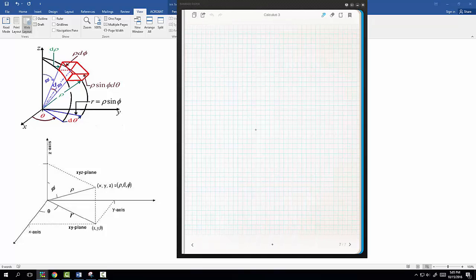Now, I want to do another one. What I've got is a triple integral over an enclosed region. Now, this one's going to be different. I think you'll like this. I've got a triple integral, only now I've got x squared plus y squared, right?